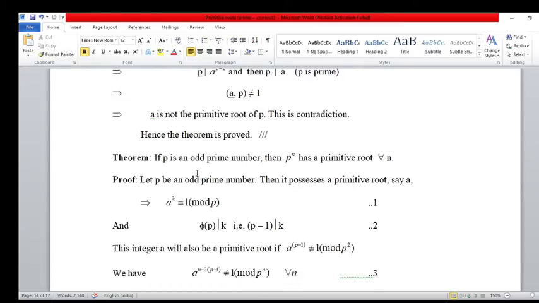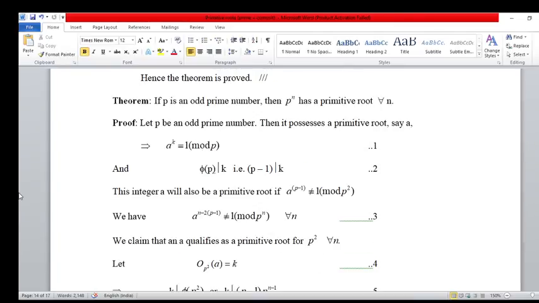The theorem is that if p is an odd prime, then p square has a primitive root. Let p be an odd integer, then let a be the primitive root of p raised to the power n. By definition, a raised to the power k is equal to 1 mod p, and this shows phi of p is a divisor of k, that is, p minus 1 is a divisor of k, meaning the value of phi of p is equal to p minus 1.